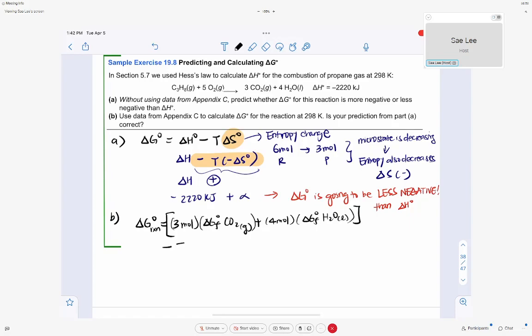You minus all the reactants. You have 1 mole of delta G F naught of the propane plus 5 mole of the delta G F naught of the oxygen gas.